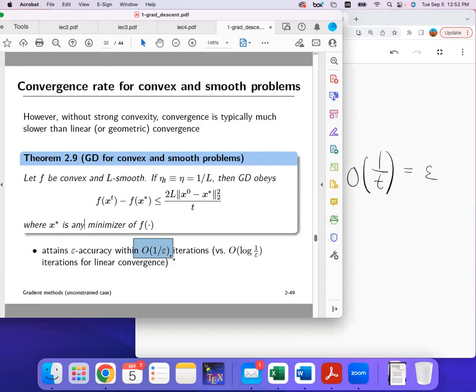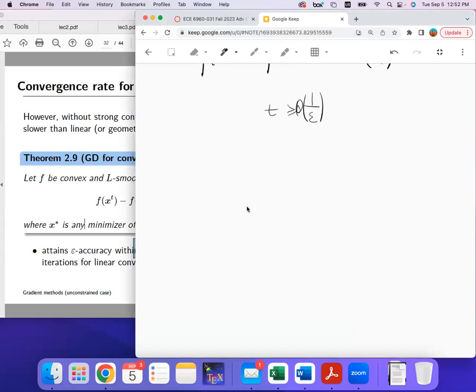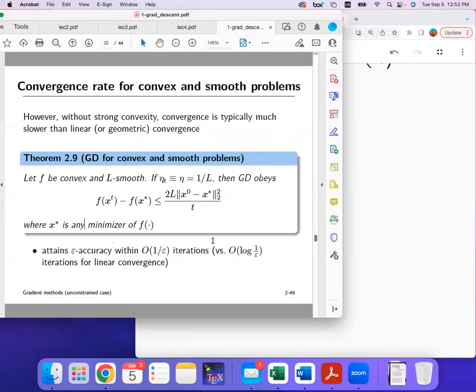We can compare this with the iteration complexity of gradient descent for strongly convex and smooth functions. In the previous lectures, we have shown that for strongly convex problems, the iteration complexity is just big O of log 1 over epsilon, whereas for convex problems, it's 1 over epsilon.